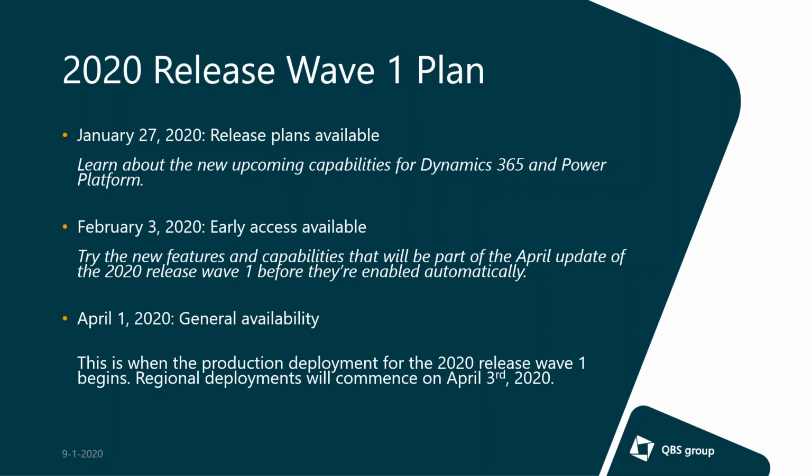On February 3rd, you're able to get the early access, so as a partner you're able to try the new features and capabilities, so you're familiar with them before they become generally available on April 1st this year.